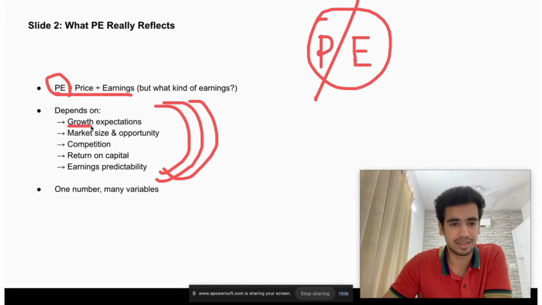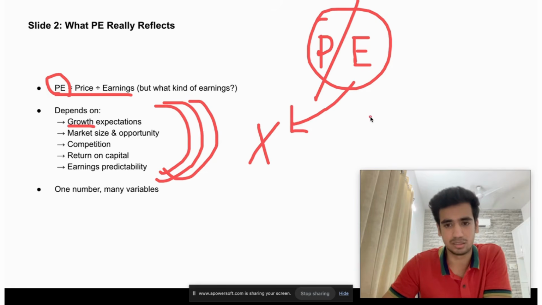First is the growth expectation. That's the most important one of these all, I would argue. If a company is currently earning X amount as earnings, after, let's say, 1 year, what will be the earnings? After 2 years, what will be the earnings? During the entire lifetime of the company. And not just the earnings, you have to ultimately look at the cash flows, but that's a separate discussion altogether.